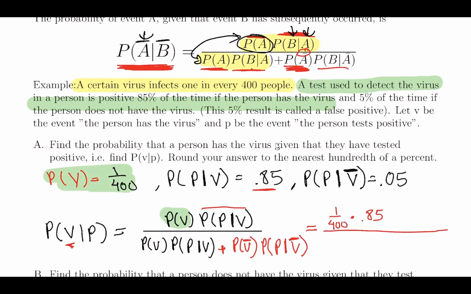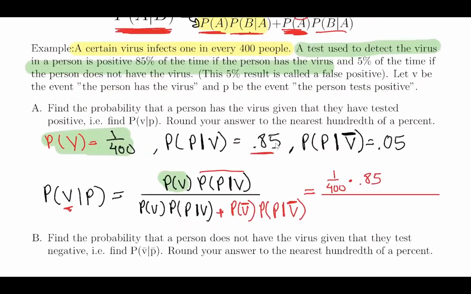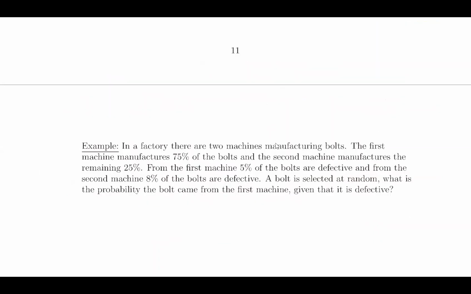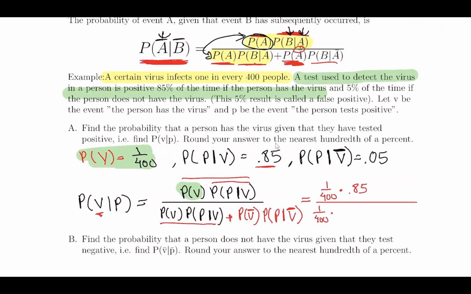Then what you want to go ahead and do is divide this. So remember, this portion and this portion are exactly the same. So you do 1 out of 400 times 0.85.